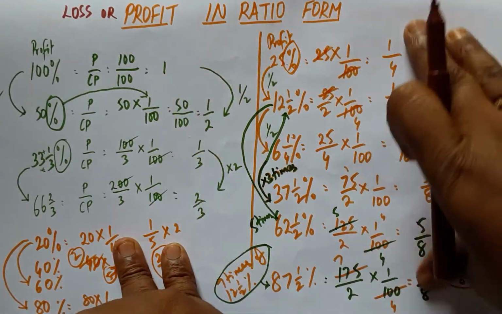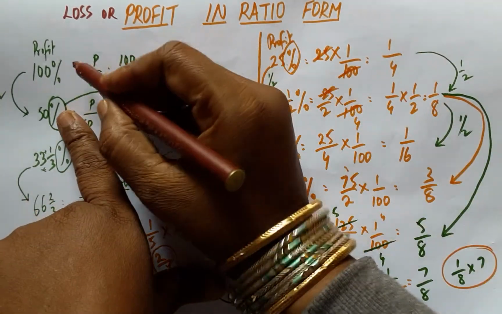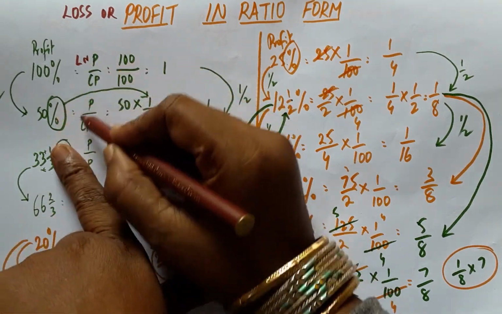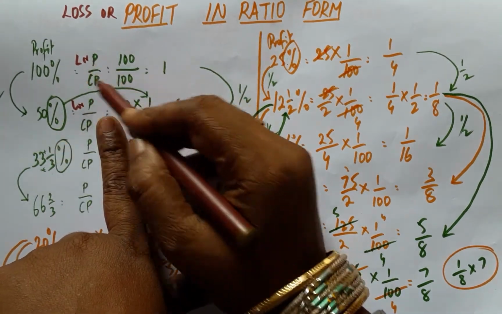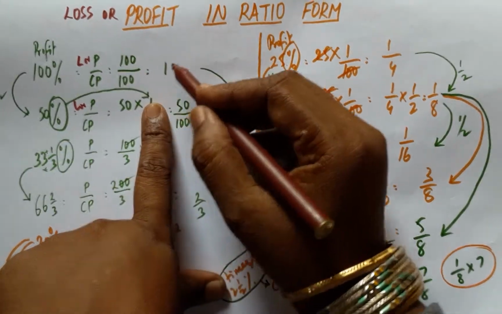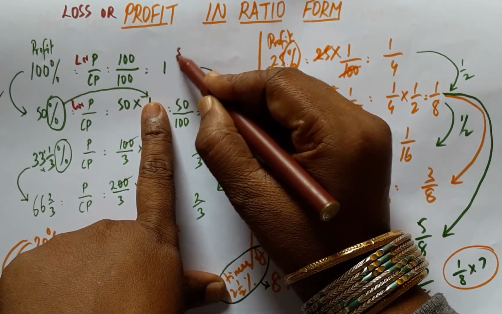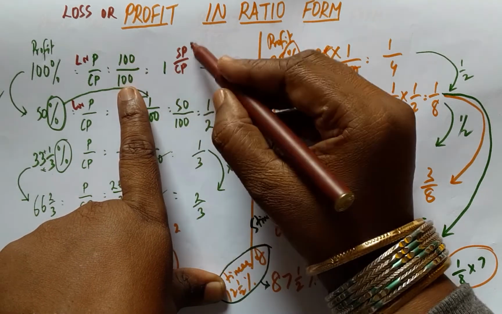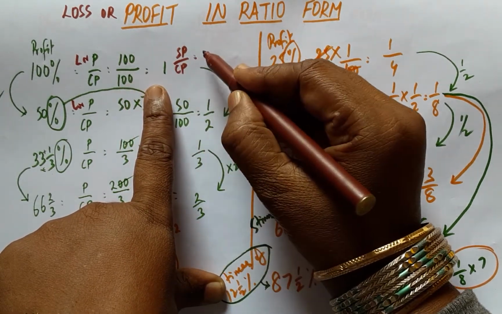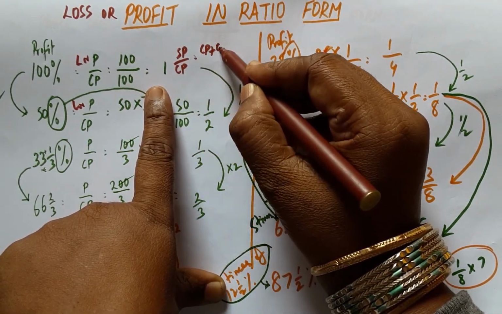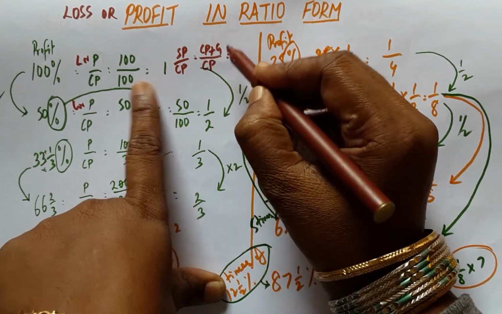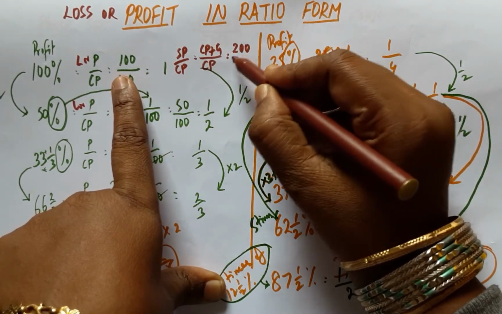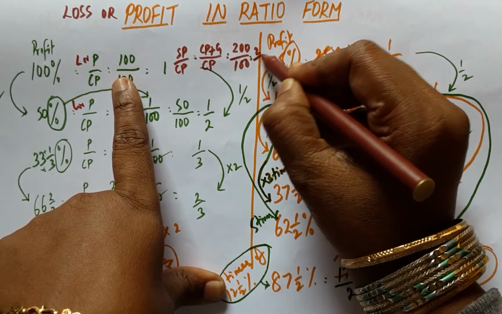Now the same ratios apply for loss also. It can be loss or profit, and once the ratio has been achieved, to write the SP by CP form, all we need to do is, if it is profit, it is CP plus gain by CP, which is nothing but 200 by 100, that is 2 by 1.